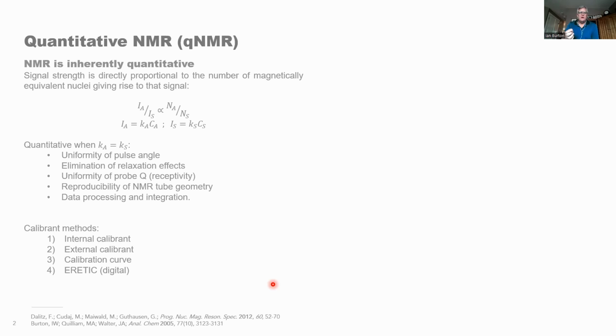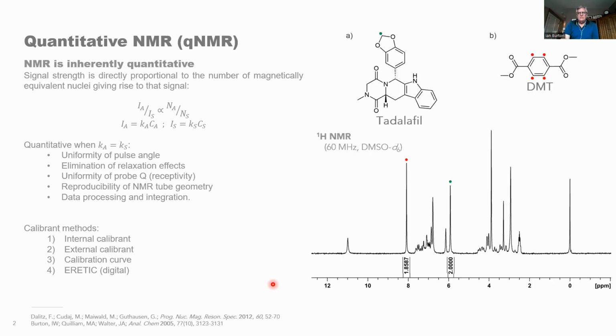When we do external standard quantitative NMR, there are far more conditions that you have to take into account. When we do internal standard NMR, a lot of these conditions are already taken into account, things like probe Q and tube geometry.